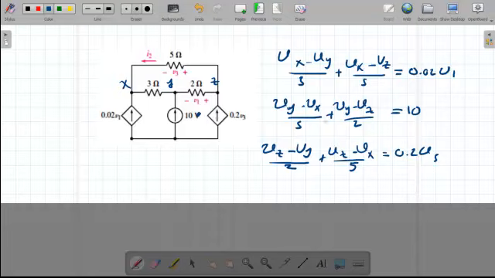So now we can simplify our equations, but we need to get rid of the dependent variables. As you can see, V1 is here, yes? So V1 will equal Vz minus Vy. Then V3, where is V3?